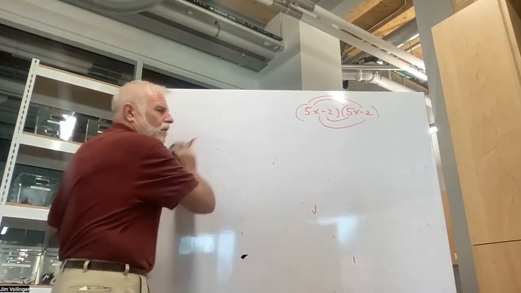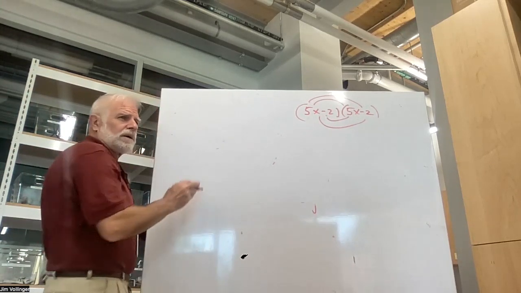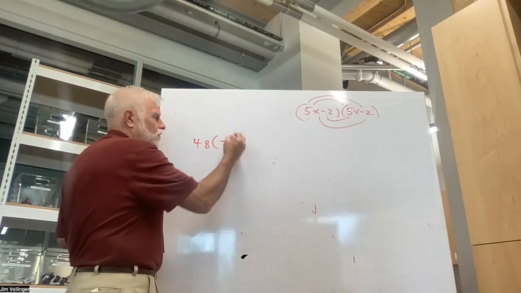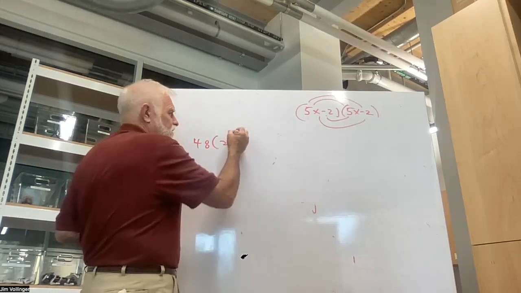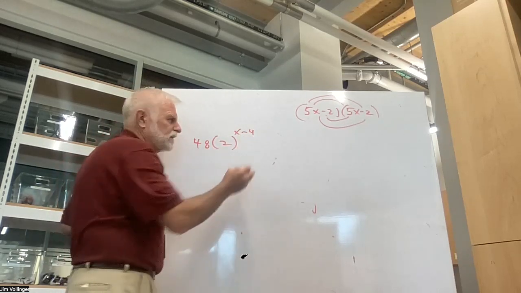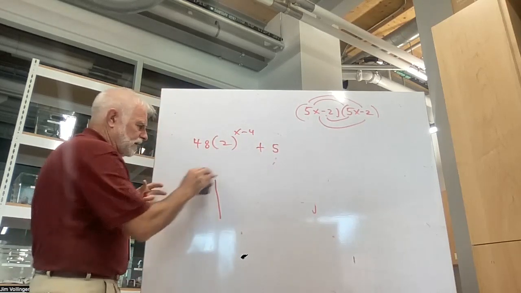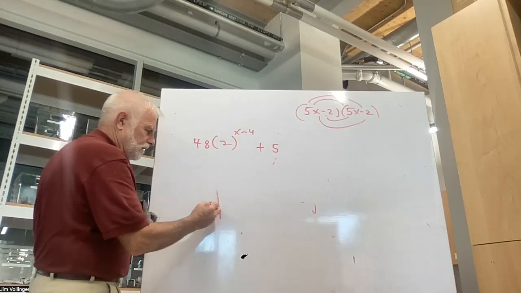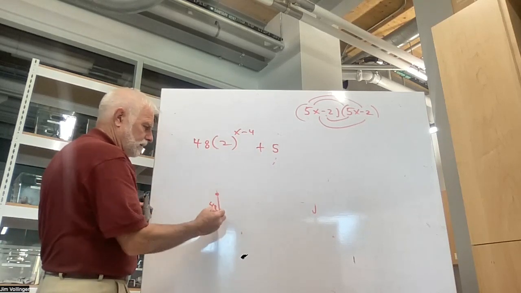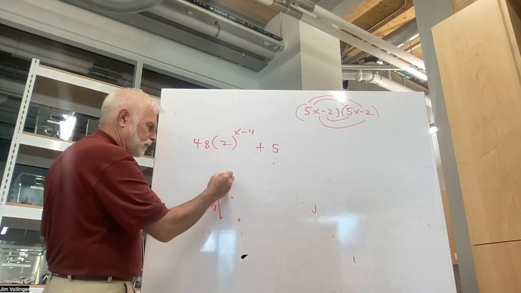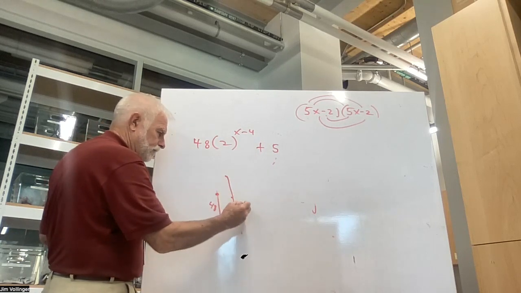All right, I don't know what I asked you to do with g of x equals 48 times 2 to the x minus 4, plus 5. Well, I can see a jump of 48. Let's make it smaller. I can see a jump of 48, and then I can see a jump twice that, 96.